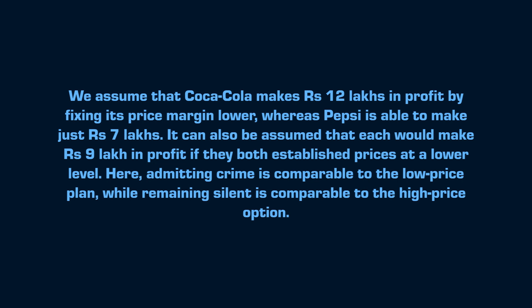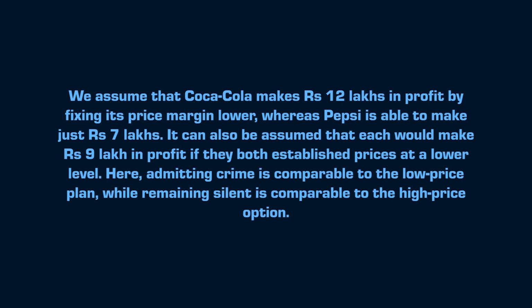Now we assume here that Coca-Cola makes rupees 12 lakhs in profit by fixing its price margin lower, whereas Pepsi is able to make just rupees 7 lakhs. It can also be assumed that each would make rupees 9 lakhs in profit if they both established prices at a lower level.